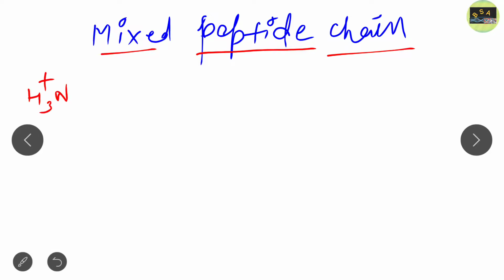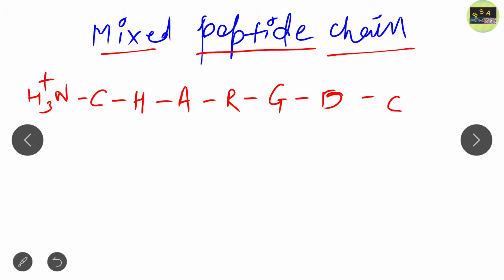Just write down here 16, charge, or you can say D, aspartic acid, and this is the carboxyl terminal, that is COO minus. So this is a mixed peptide chain.